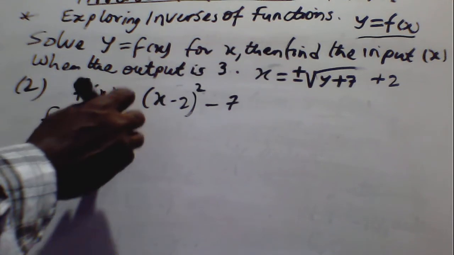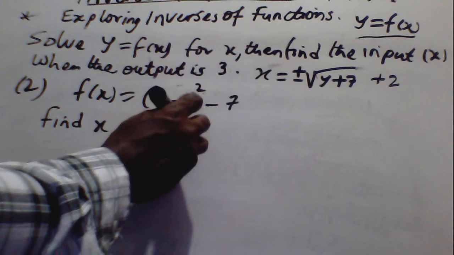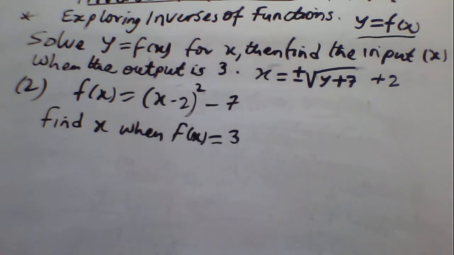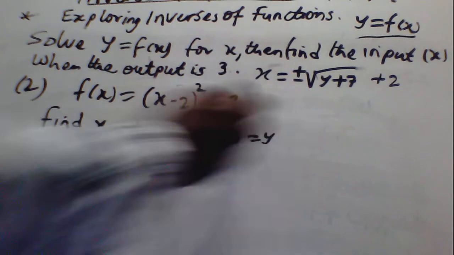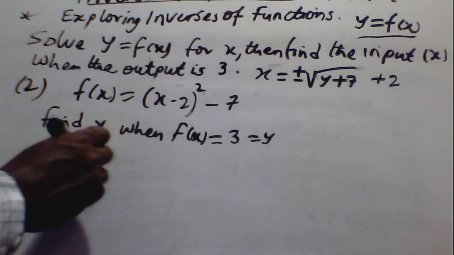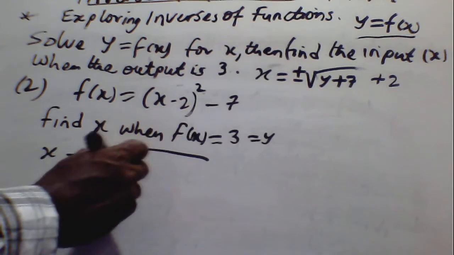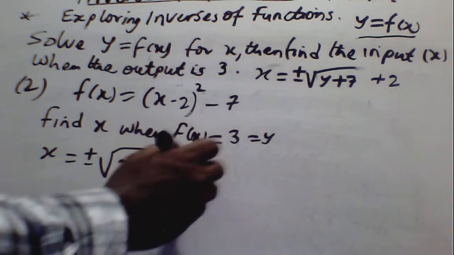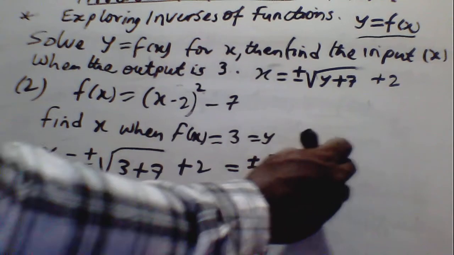Find x when f of x equals 3. f of x is equal to y. So in this case, we have x equals plus or minus the square root of 3 plus 7, plus 2. So this gives us plus or minus the square root of 10 plus 2.